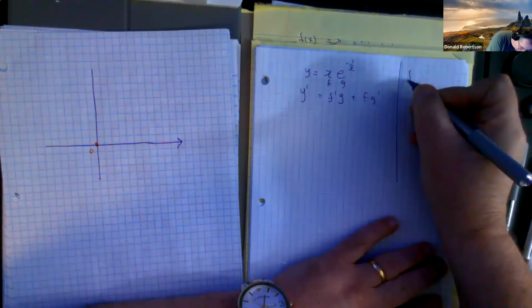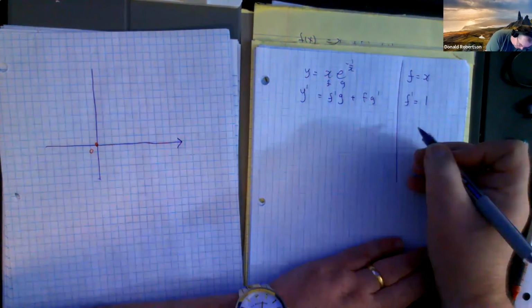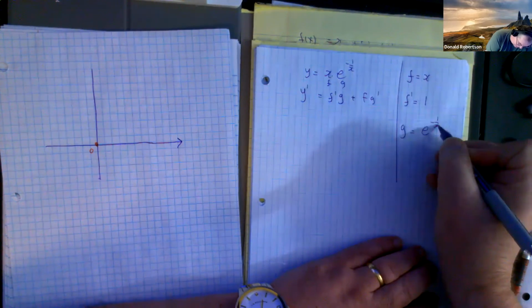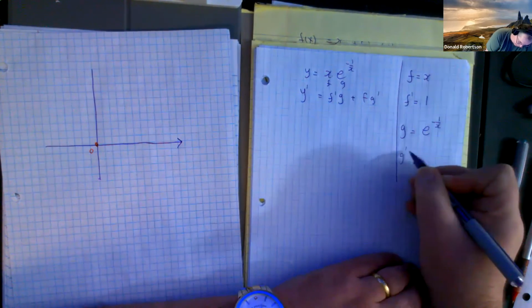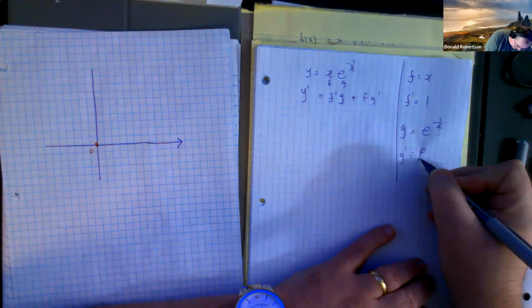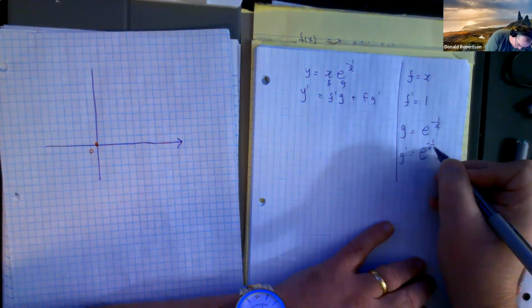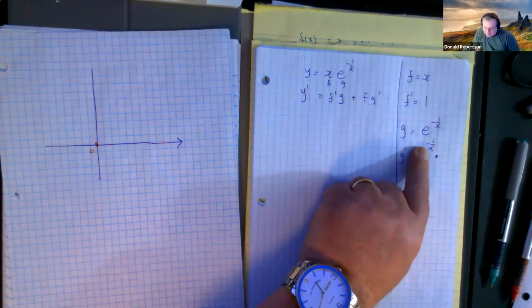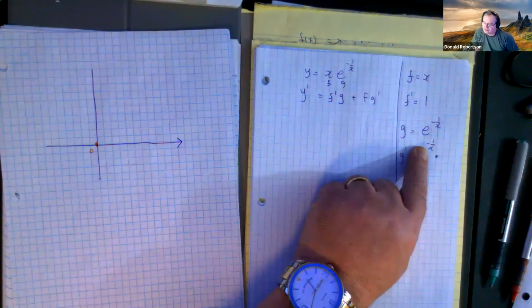When I have questions where things are messy, I do the working at the side. So that guy is x, its derivative, dead easy. Now the tricky one. This guy is g. If you want to differentiate e to the negative 1 over x, you get e to the negative 1 over x, but then don't you finish with the derivative of negative 1 over x.